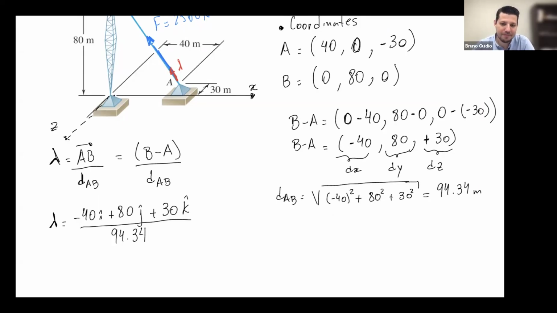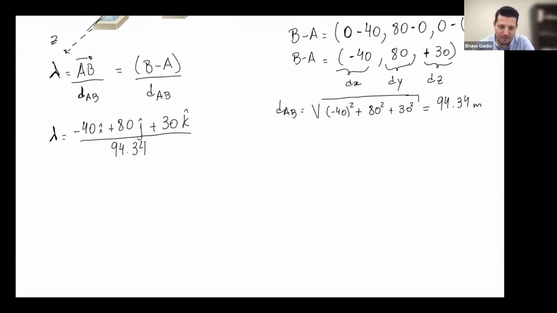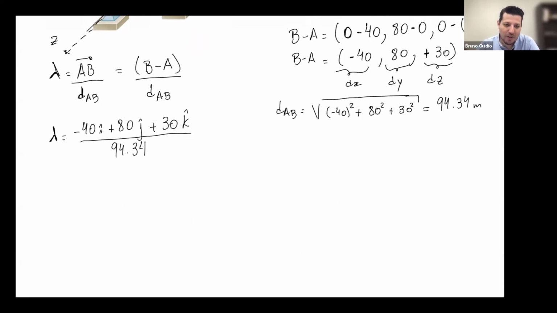So this is my unit vector. I'm just going to do one calculation at the end, so let me leave the unit vector like that. Of course, you can divide 40 by 94, 80 by 94, 30 by 94. Let me do this at the end.